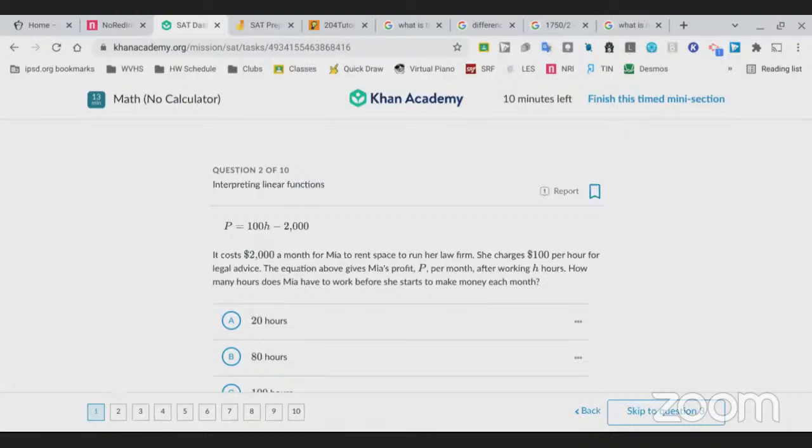I guess whenever it's past the original things that she has to pay. You're overthinking it. Whenever the profit is positive, that's when she makes money.